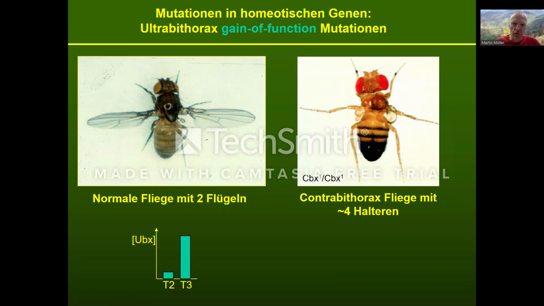I showed you before, if you lose UBX in this area, you transform them to T2, and now if we increase the UBX level in T2, we transform the wings into haltères. This mutation is actually called contrabithorax, and in an extreme case you can see that now the wings are turned into haltères here.